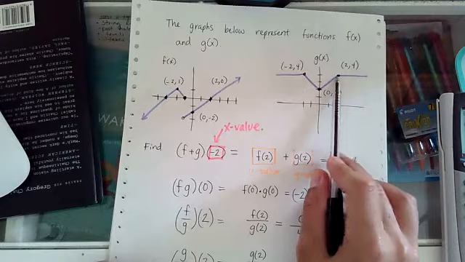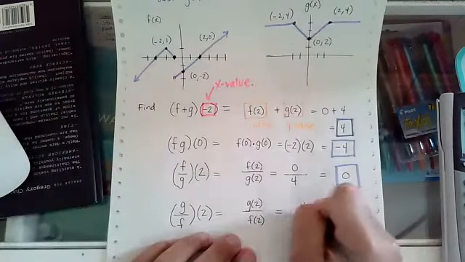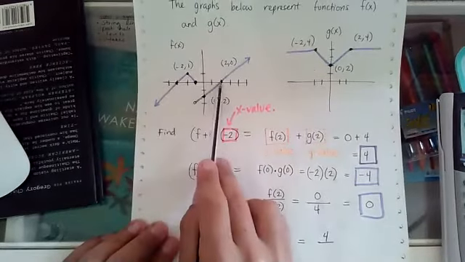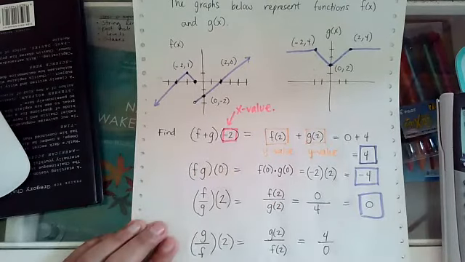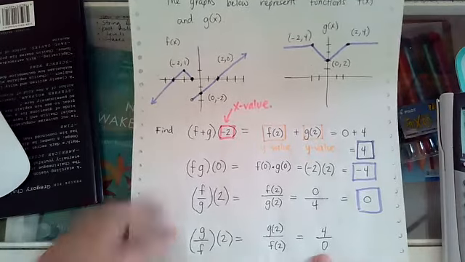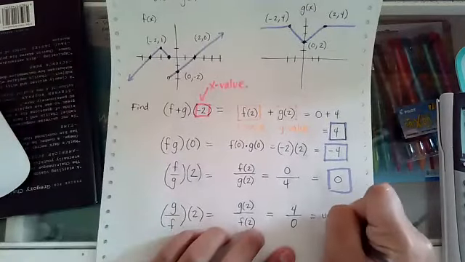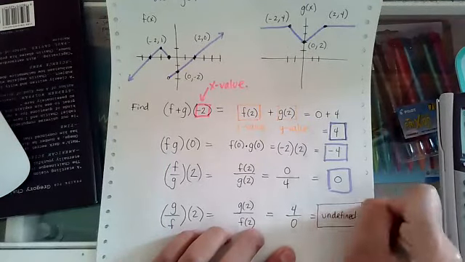That's the corresponding y value. So here I'm putting 4 on top. And F of 2, if I go over to 2, the y value here is 0. So that means I'm putting a 0 on the bottom. Can I divide by 0? So we're just going to have to say that this is undefined because you cannot divide by 0.